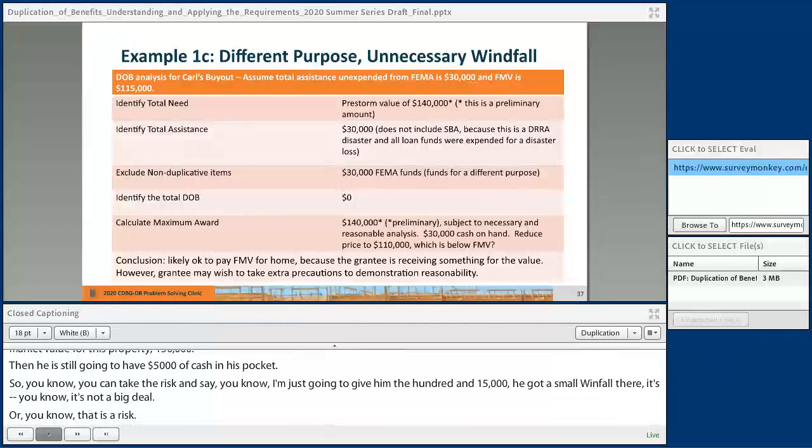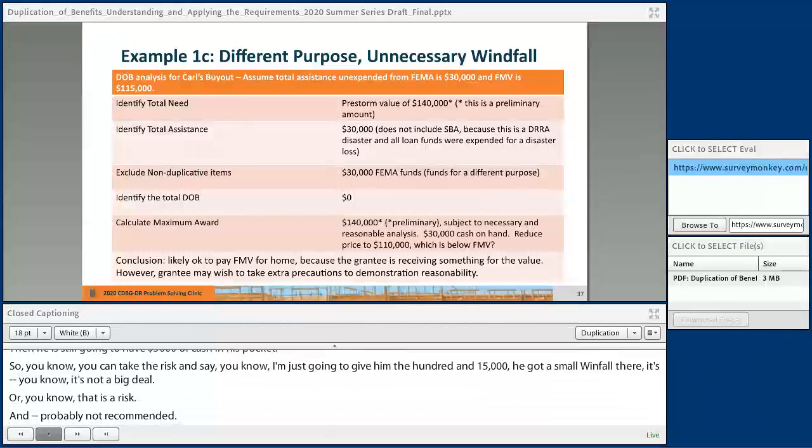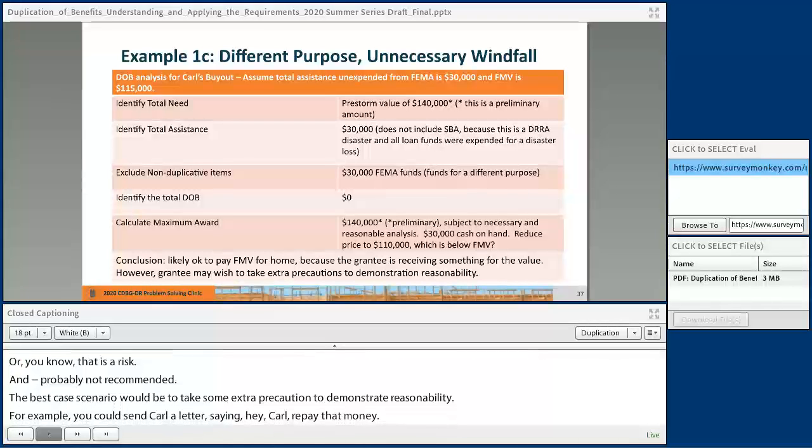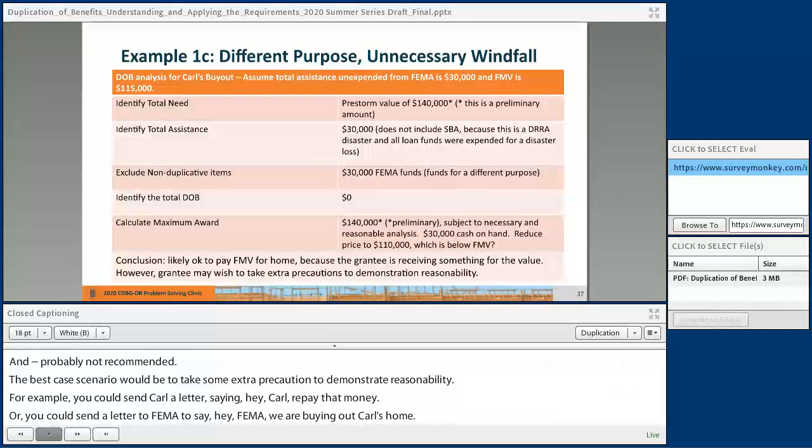For example, you could send Carl a letter saying, hey, Carl, repay that money. Or you could send a letter to FEMA to say, hey, FEMA, we're buying out Carl's home. He's got $5,000 there. And you could come up with probably some other things that would help you justify the award as reasonable. But at the end of the day, there's no bright line.